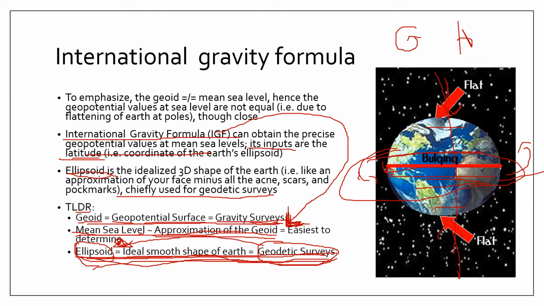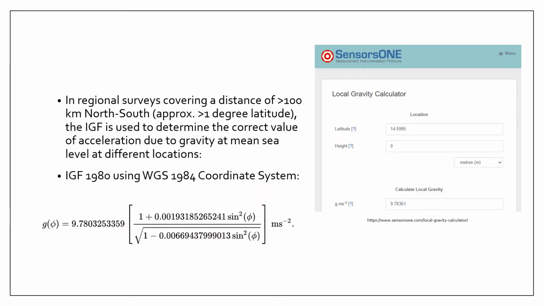So in a way, the concept of the ellipsoid is also relevant to gravity surveys. So this is the IGF formula, IGF 1980.